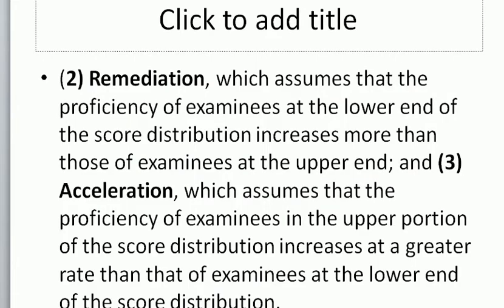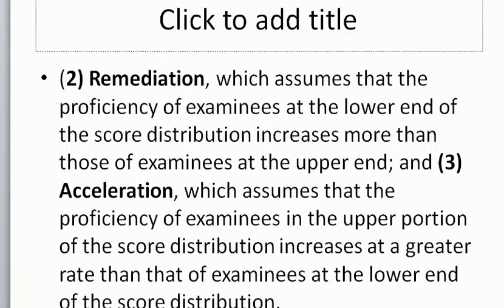The second approach, remediation, which assumes that the proficiency of examinees at the lower end of the score distribution increases more than that of examinees at the upper end.